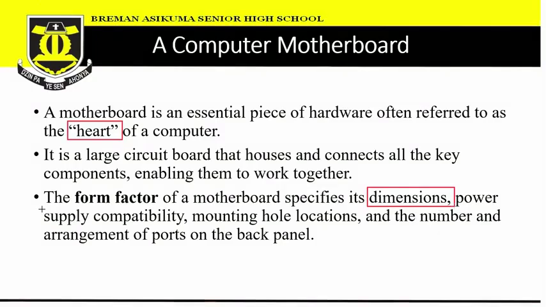Not all motherboards will have the same power supply compatibility; different motherboards will have different power supply compatibility. Then the mounting holes and their locations also matter when we're talking about a form factor, and the number of ports at the back of the panel.